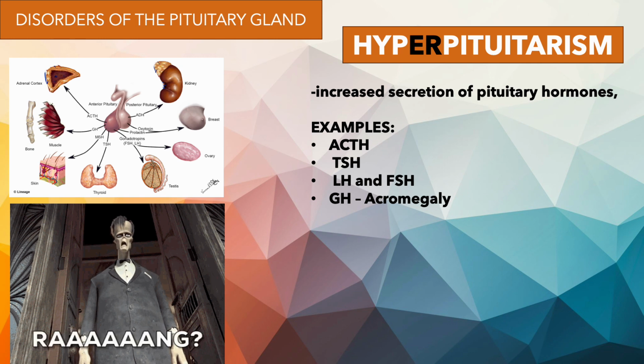So in this case, hyperpituitarism that's selective for the growth hormone, an example of that is called acromegaly. If this happens, the growth hormone is oversecreted, usually after puberty, and these changes are irreversible. Usually the onset of acromegaly is insidious, and its progression is usually very slow.